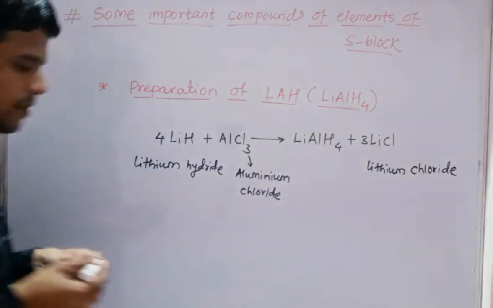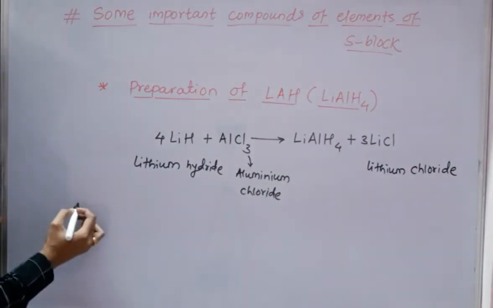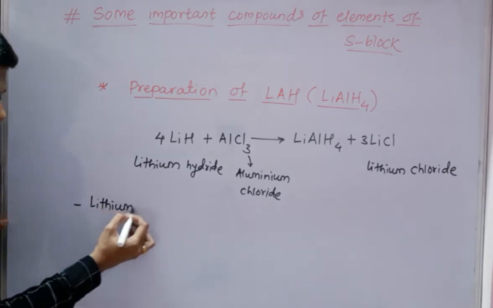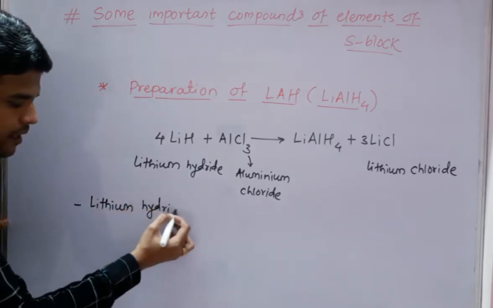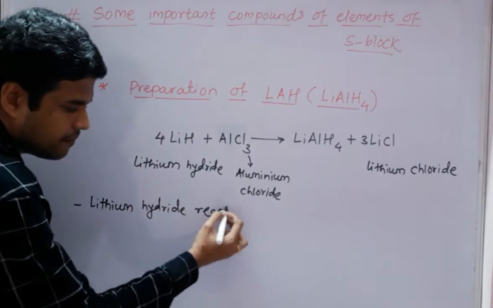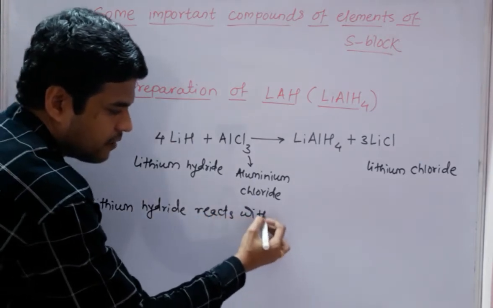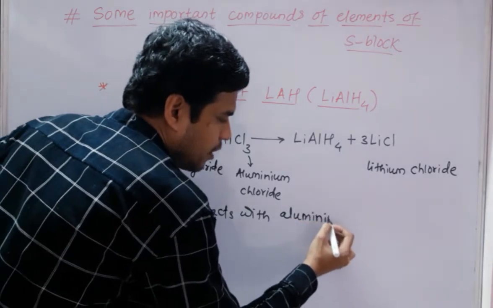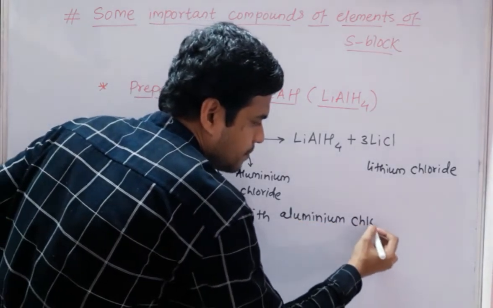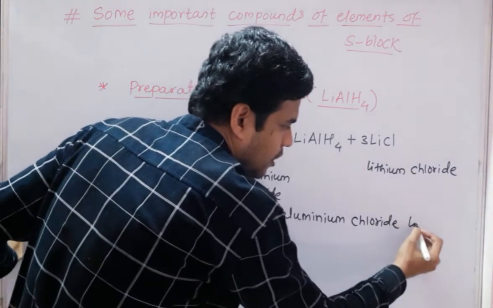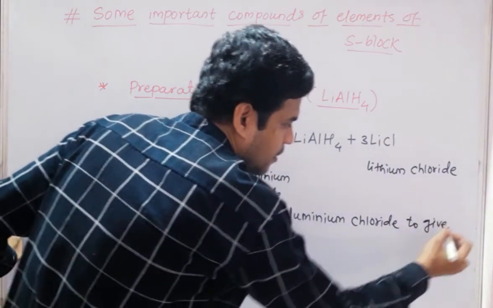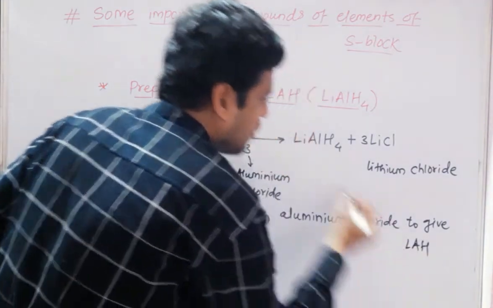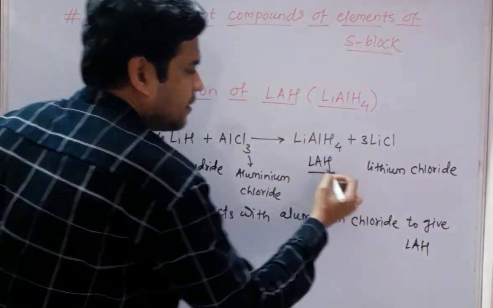Okay, so lithium aluminum hydride, how is it prepared? Lithium hydride reacts with aluminum chloride to give, you can write shortly LAH, lithium aluminum hydride.